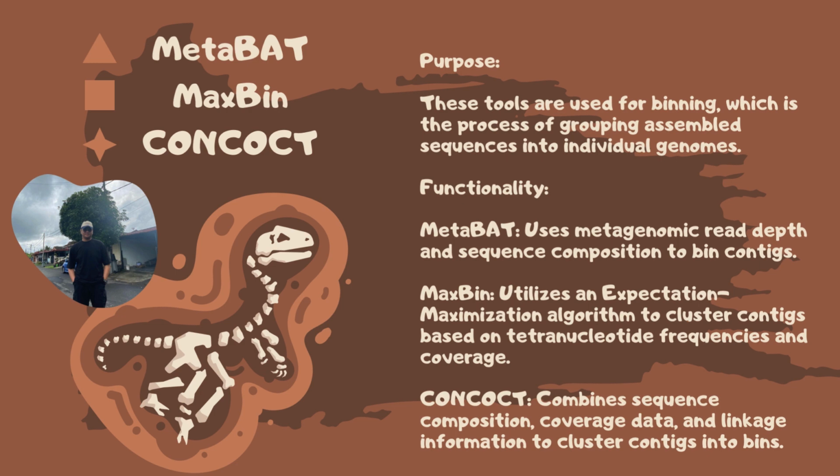MetaBAT uses metagenomic read depth and sequence composition to bin contigs, while MaxBin utilizes an expectation maximization algorithm to cluster contigs based on tetranucleotide frequencies and coverage, while CONCOCT combines sequence composition, coverage data, and linkage information to cluster contigs into bins.